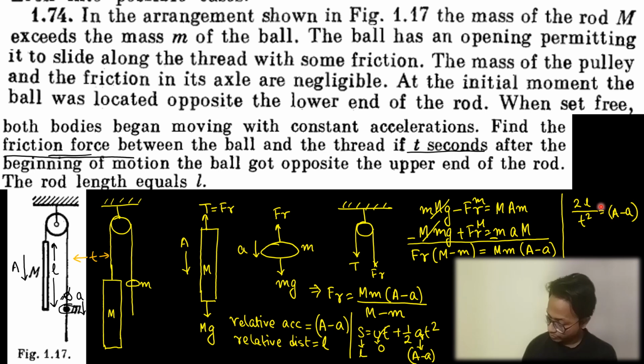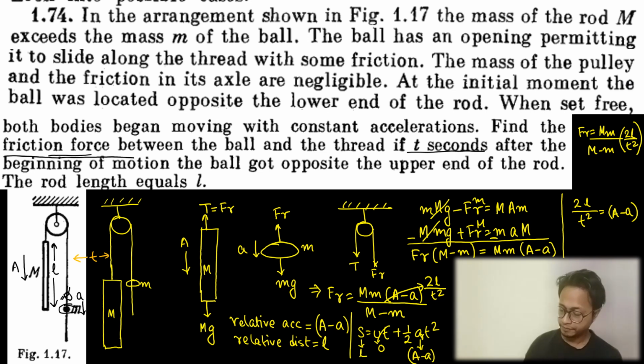And can I substitute this capital A minus small a out here? Of course I can. So the value of friction force is capital M into small m divided by capital M minus small m, into 2L by t square. This is our answer.